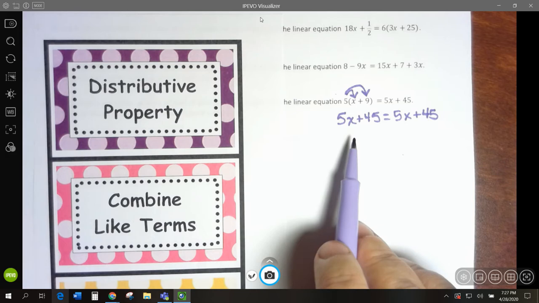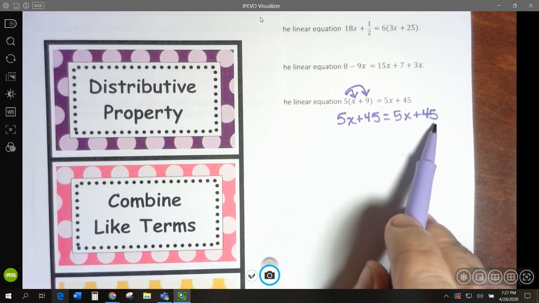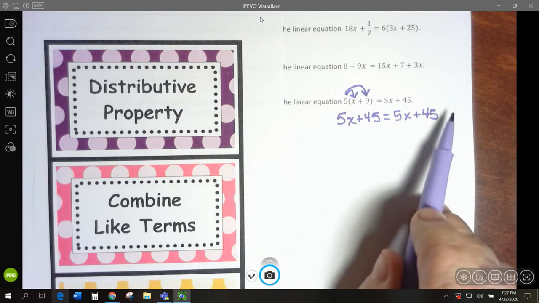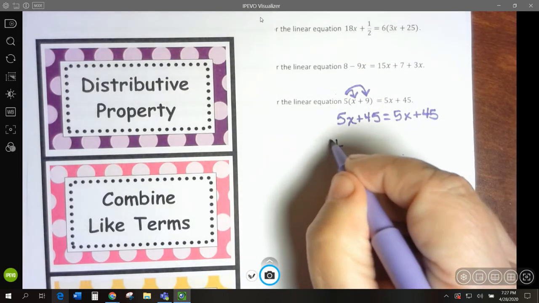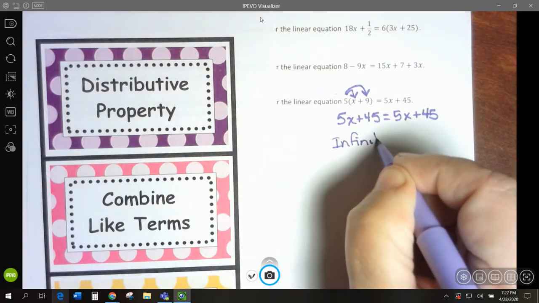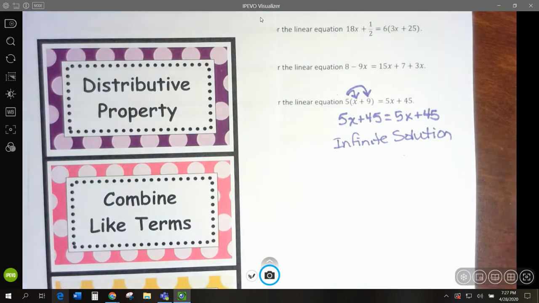If I make x 100, we'd have 500 plus 45 and 500 plus 45. So no matter what we make x be, it is going to work. So this is going to be infinite solutions because they are the exact same problems on both sides.